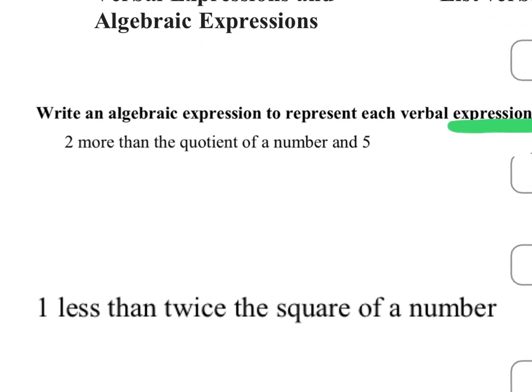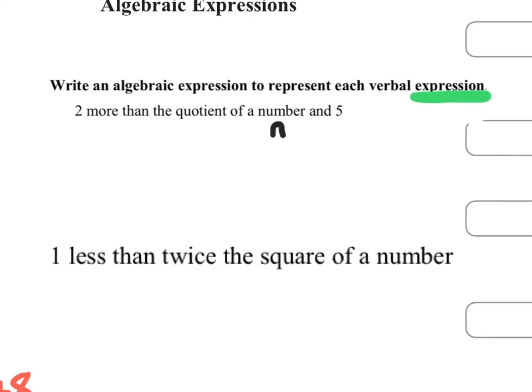I'm going to let my number just be a variable, because that's what it's essentially asking, and I'm going to use the letter n. So when it says 2 more than, I'm going to have something plus 2. So 2 more than the quotient of a number and 5: a quotient means division. This means n divided by 5 plus 2. This is just an expression because there is no equal sign.